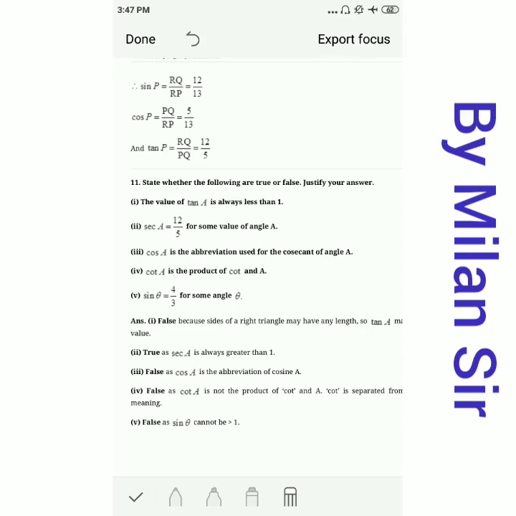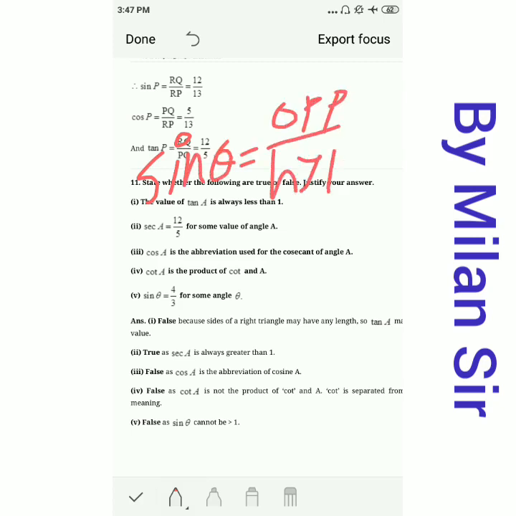Then fifth, sine theta is equal to 4 by 3 for some angle theta. Now what is the formula of sine theta? It is opposite side upon hypotenuse. Hypotenuse is the bigger side, so our denominator is greater than the numerator. Okay, our denominator needs to have greater value than numerator, but here it's wrong. Here our numerator is greater than the denominator.